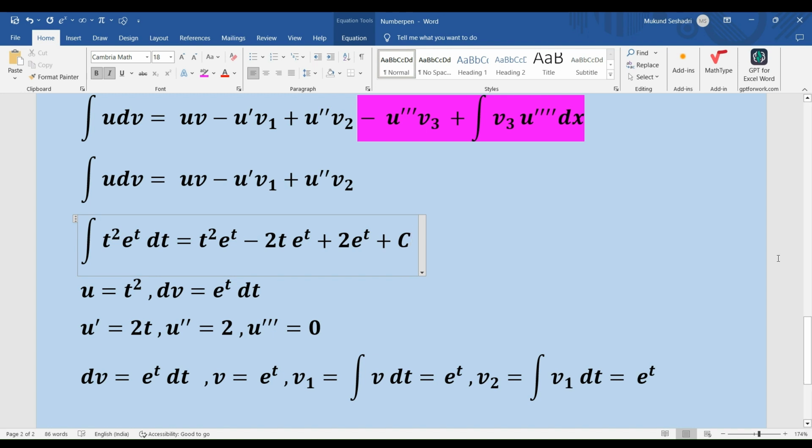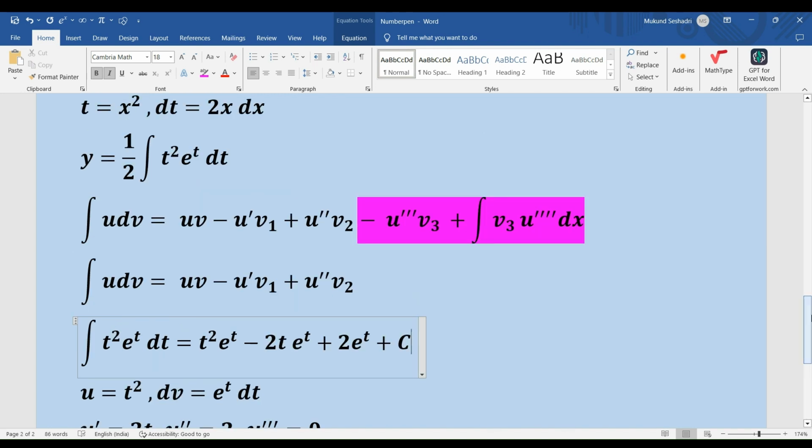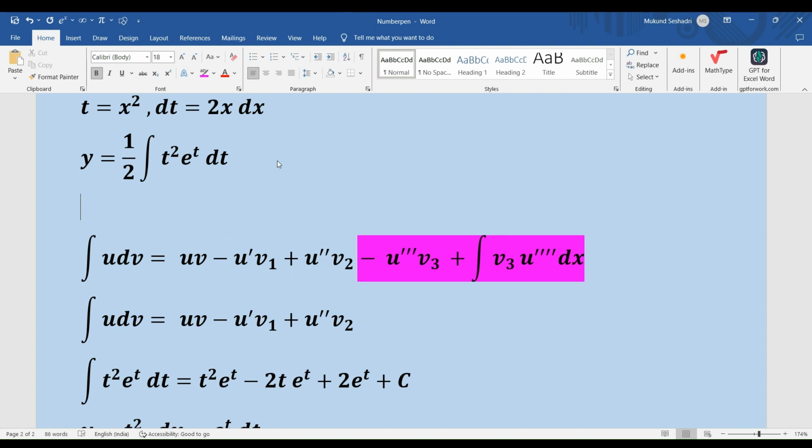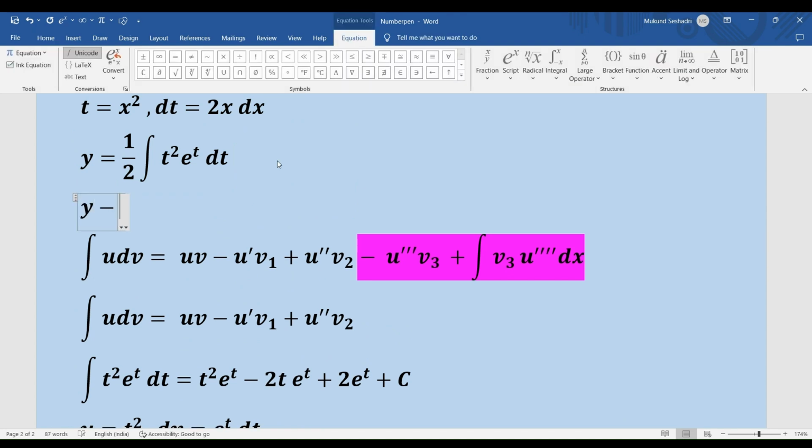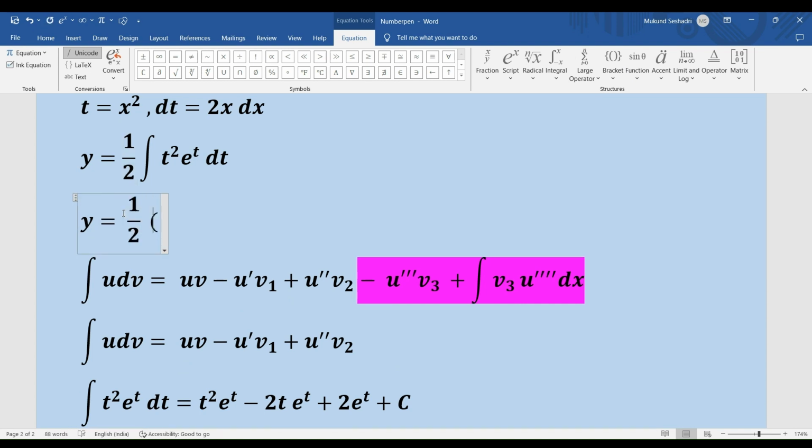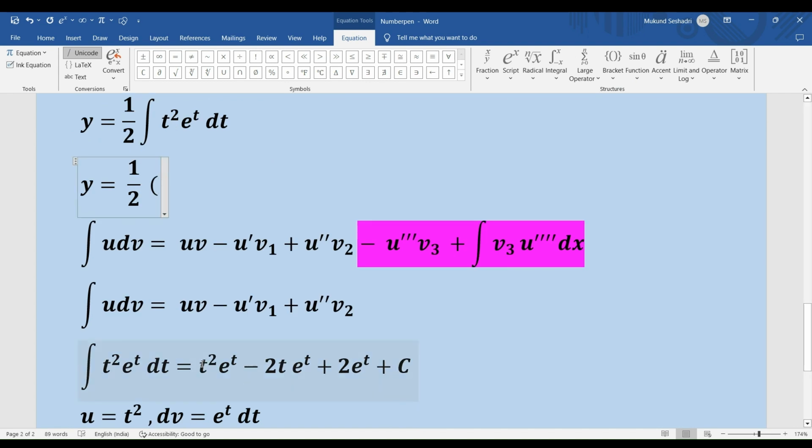Now I have my answer for the integral of t square times e to the power t dt. Now I can go back to my y and write down my answer for half of the integral of t square into e to the power t dt. So y equals half of, and all that I need to do is copy paste whatever I derived earlier.